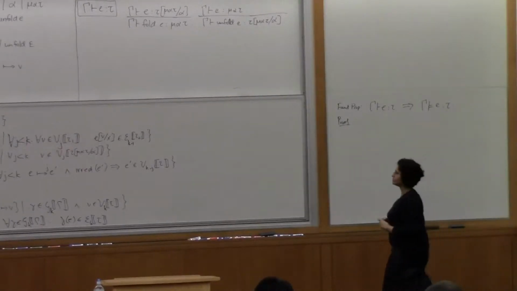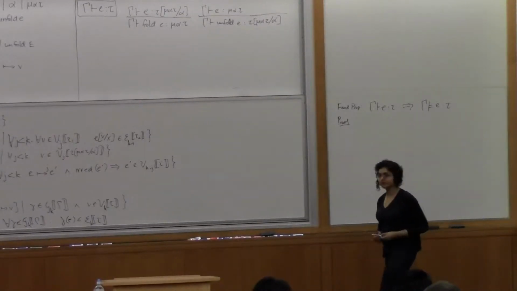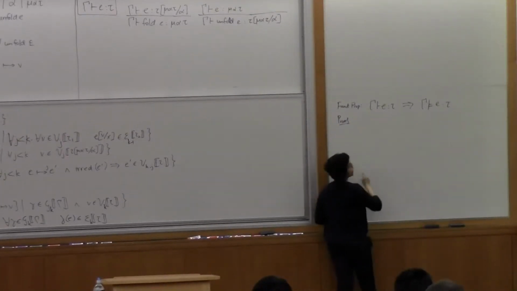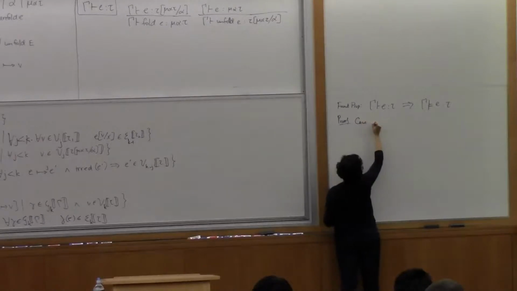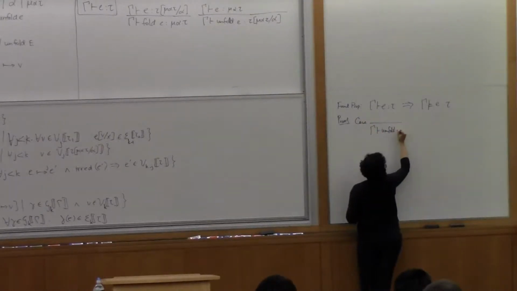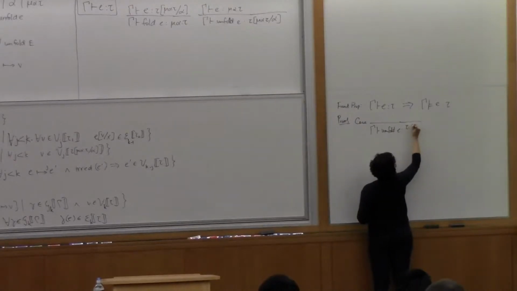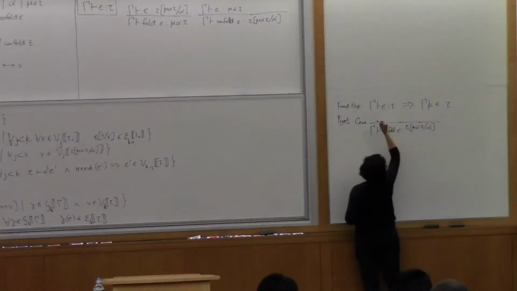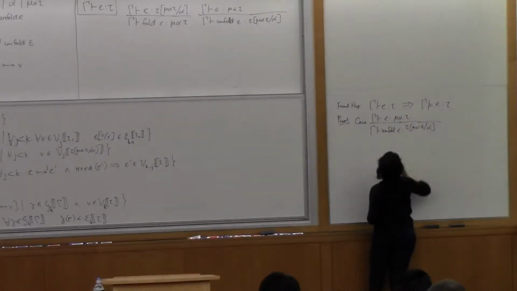I think it'll just be interesting to see how the proof goes. Okay, so of course it's by induction on this derivation, right? So the case that we're considering is where you have unfold E. It has type tau with mu alpha tau for alpha, and we know that E has type mu alpha tau.